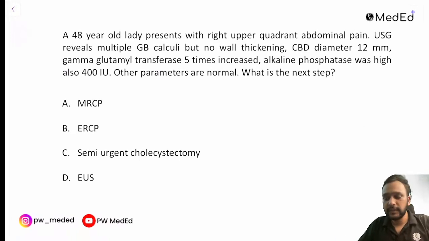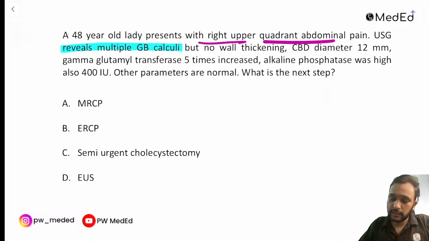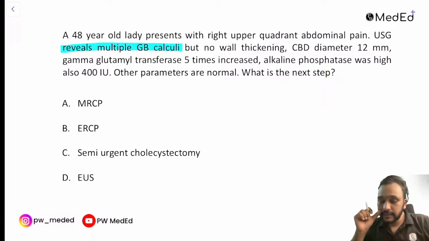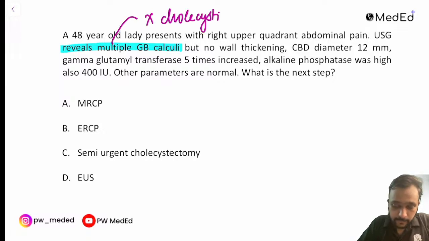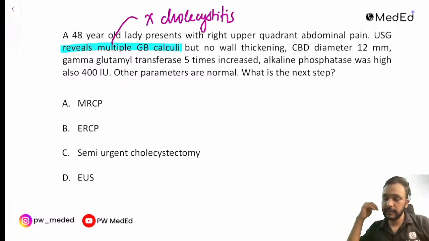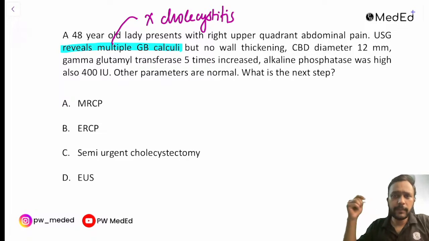Now moving to this question, 40-year-old lady presents with right upper quadrant pain. Ultrasound reveals multiple GB calculi with no wall thickening. So when the examiner is saying that there is no wall thickening, it means that there is no cholecystitis, right? So this upper quadrant abdominal pain is not due to cholecystitis.